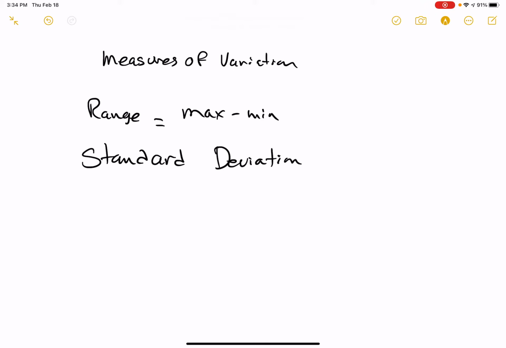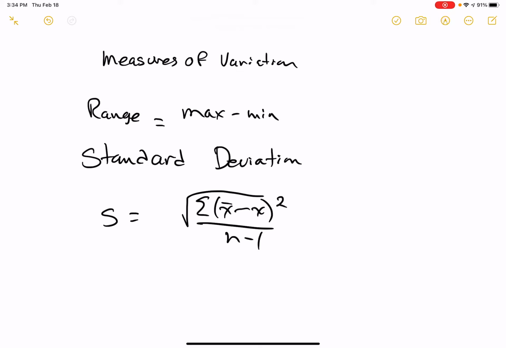The next measure of variation is the standard deviation. And a standard deviation formula, which you won't actually be using, looks like this. Now it looks kind of weird, but let me just tell you what's happening and how we actually calculate the standard deviation.